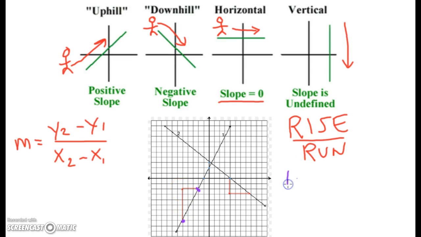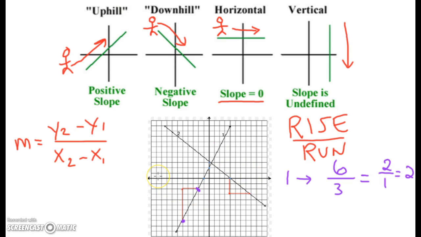So for line 1, my rise is 6, and my run going over is 1, 2, 3. So my run going over is 3. Now, 6 over 3 can be reduced, and it actually reduces to 2 over 1. You could also call that slope just 2, and that would be fine. All right, so that's the slope of line 1.